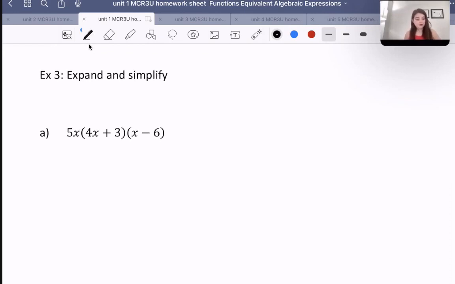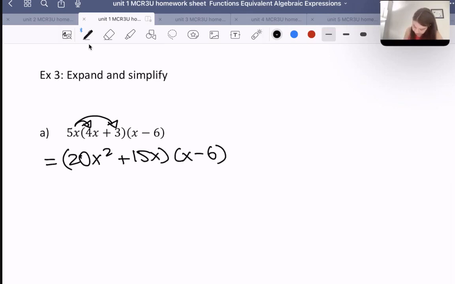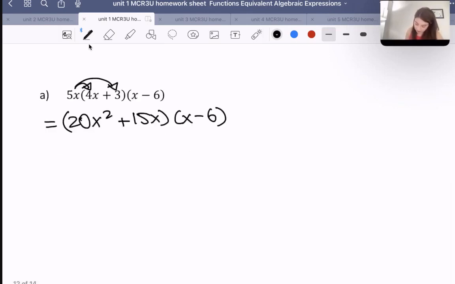Okay, so for the first one here, I'm first going to use the rainbow rule to multiply the 5x, distribute it through here. So I'm going to end up with 20x squared plus 15x, and then x minus 6. Then I'm going to use my FOIL method to complete this.